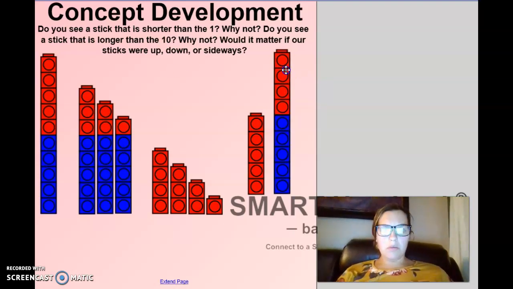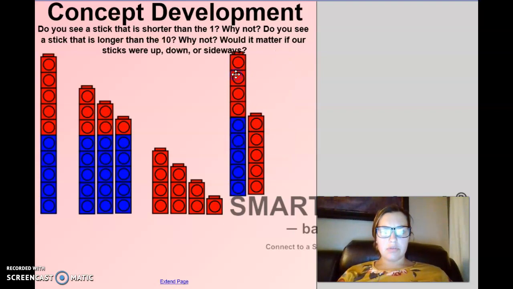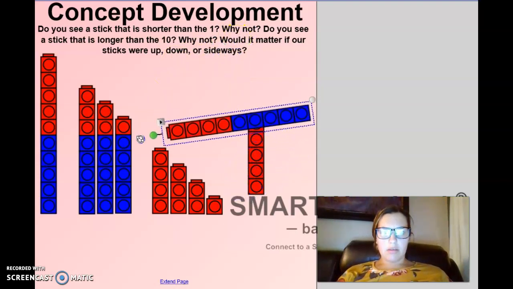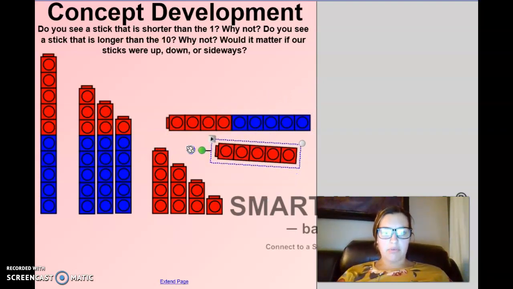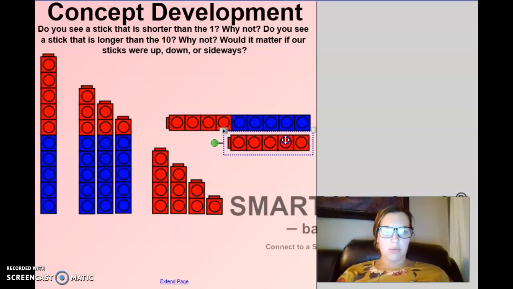Let's try it. Okay, so I'm going to move this. It will let me. I'm going to move it sideways, because maybe that changes the length, right? Before we said that our 5 stick was shorter than our 9 stick, and now what do we think?